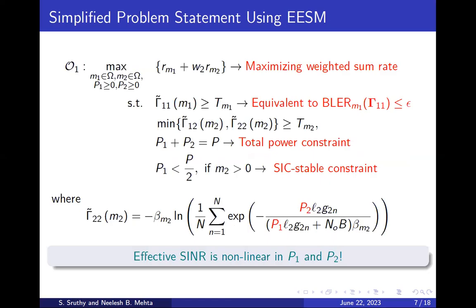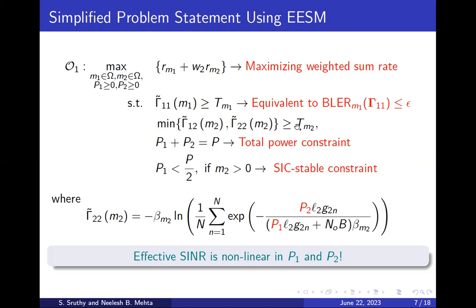Thus, after using EESM, the problem statement becomes like this. Maximization of weighted sum rate subject to block error rate constraint of the 2 users. Here, saying block error rate of user 1 less than or equal to epsilon is equivalent to saying that the effective SINR of user 1, by using the EESM equation, is greater than or equal to some threshold value Tm1 which corresponds to that MCS.